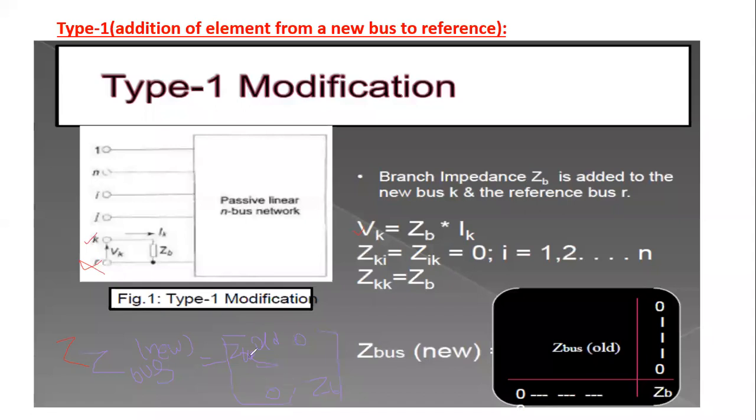This is the formation of that matrix. Therefore this total matrix is called the Z-bus new matrix for type 1 modification.